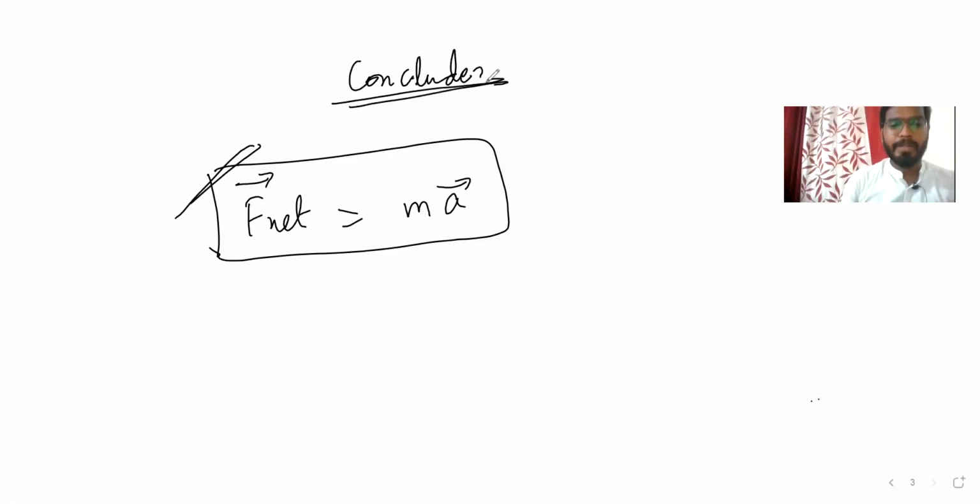What we conclude from here: net force is equal to what? ma. And the second thing is what?